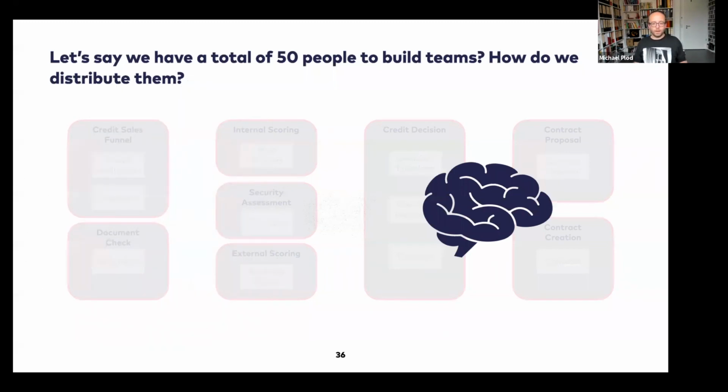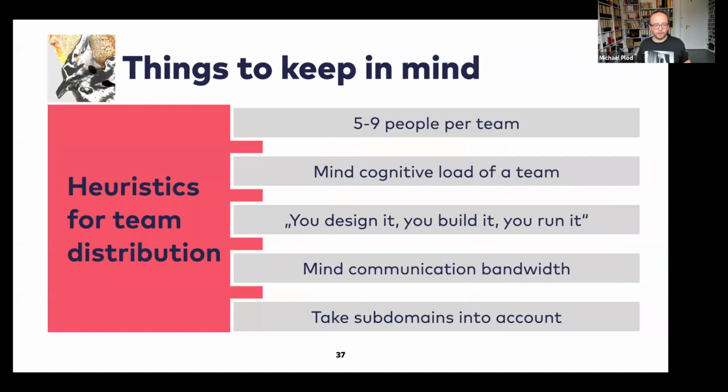So a couple of things to keep in mind. 5 to 9 people per team. Mind the cognitive load of the team. We want teams that can design, build, and run their own stuff. The typical cross-functional teams that we often hear about in the software architecture and product development area right now.